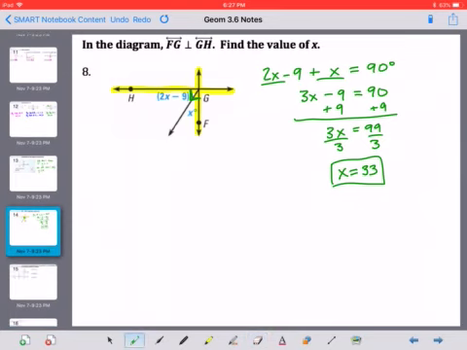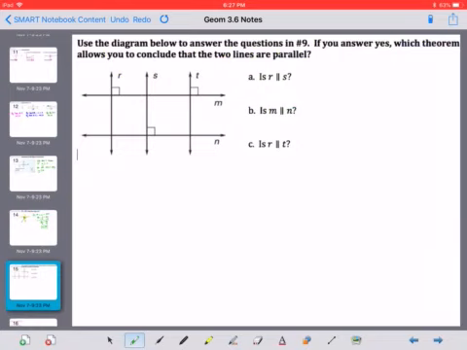Okay, one more example. It says to use the diagram below to answer the question in number 9. If you answer yes, which theorem allows you to conclude that the two lines are parallel? So first of all, we're going to ask ourselves, is R parallel to S?